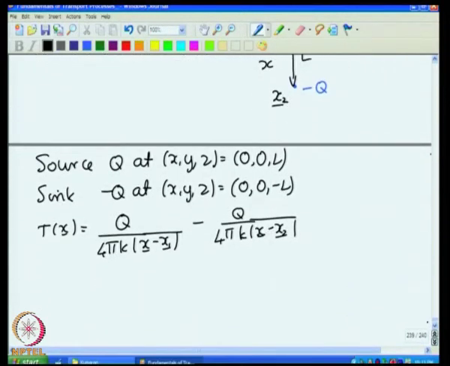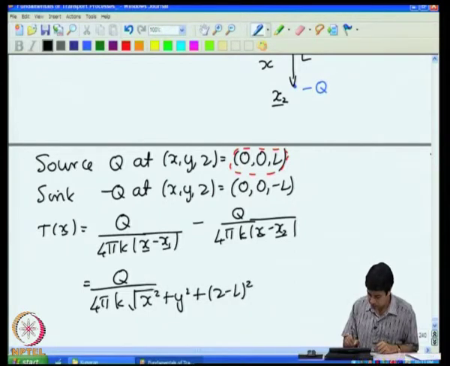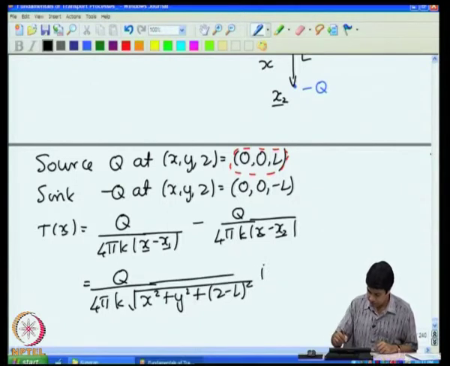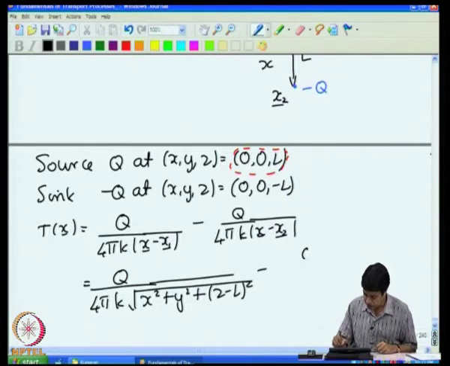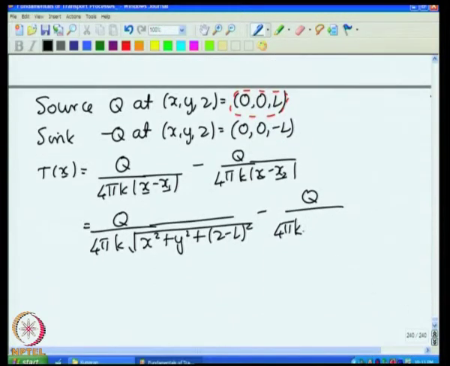So, I can expand this out. This is q by 4 pi k. The source is at the location 0, 0, L. So, I will have the source as square root of x square plus y square plus z minus L the whole square, minus q by 4 pi k square root of x square plus y square plus z plus L the whole square.